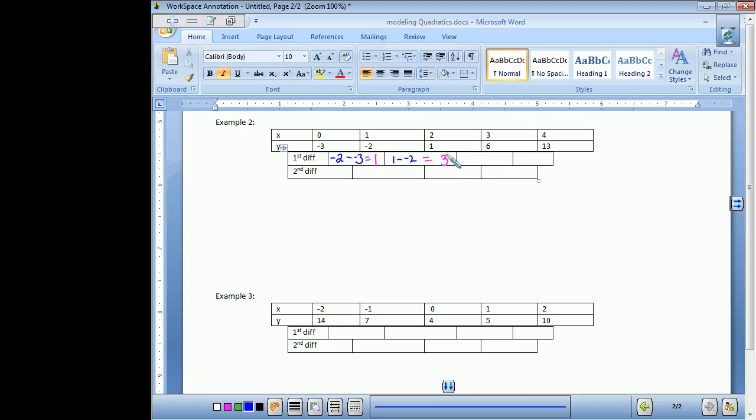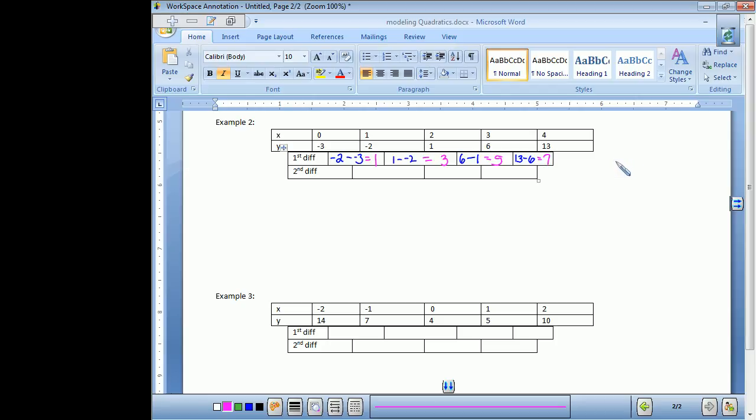Okay, now let's do 6 minus 1. 5. Okay, now let's do 13 minus 6. 7. Okay, and we can also tell we're not multiplying by the same thing every time. If we're multiplying by the same thing, exponential. So we ruled out linear.